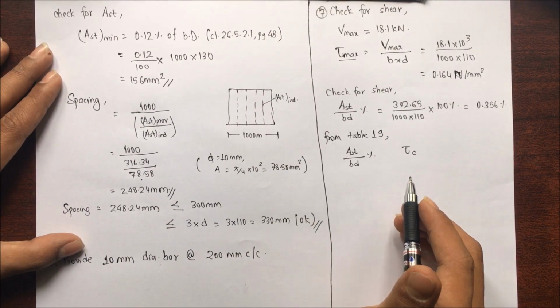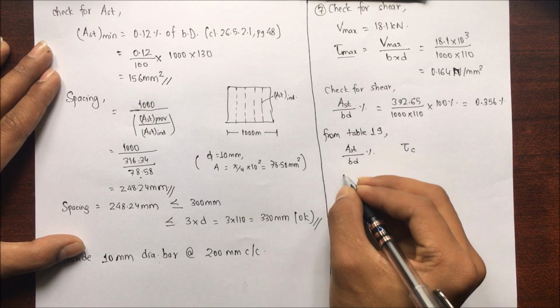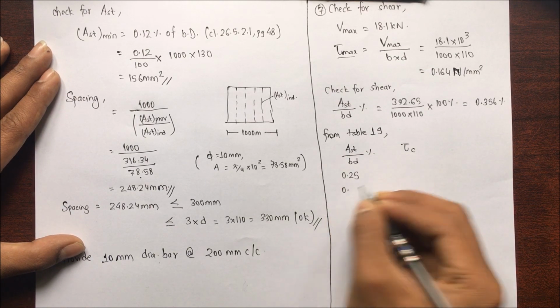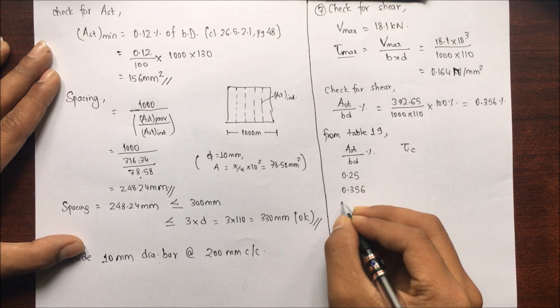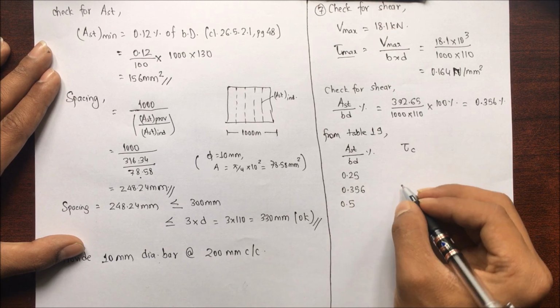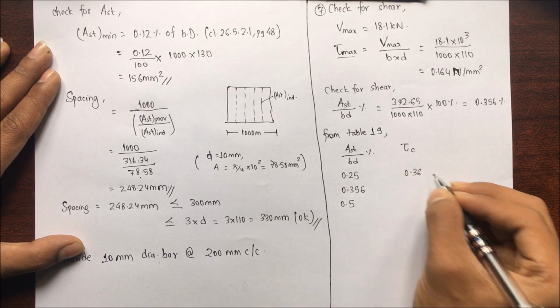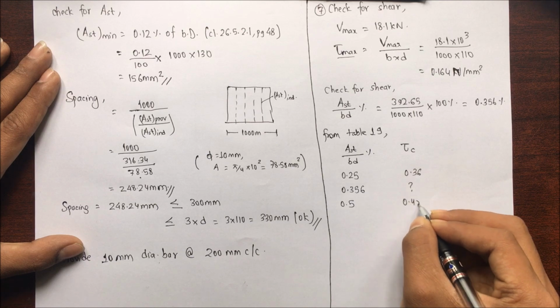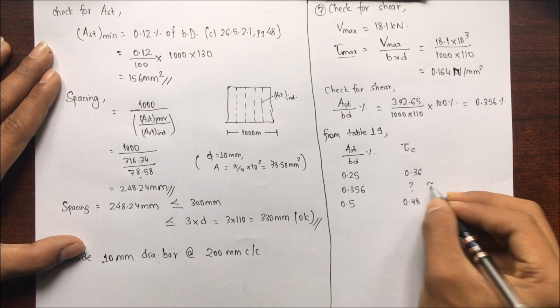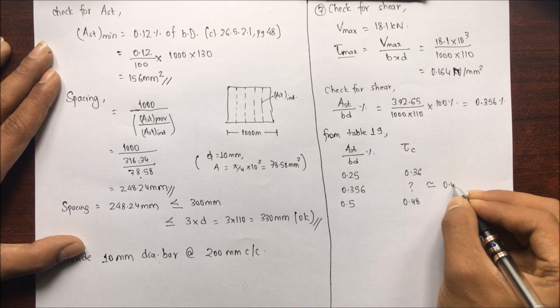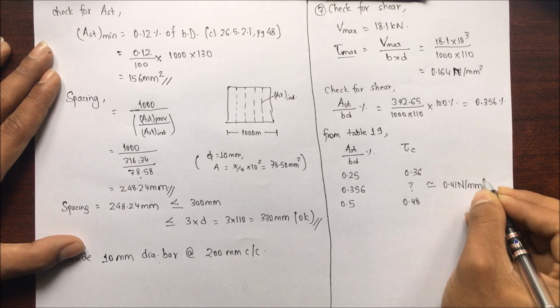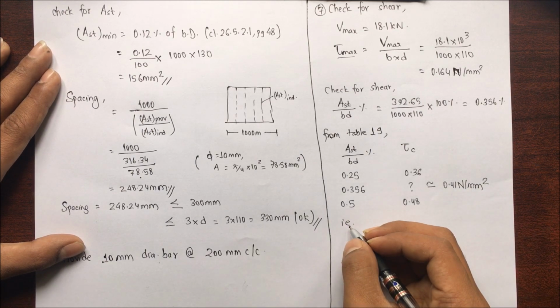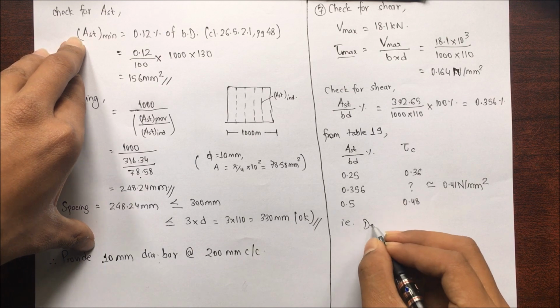Corresponding values are 0.36 and 0.48. Now by linear interpolation, we get 0.41 Newton per mm square. That is the design shear strength or shear capacity.